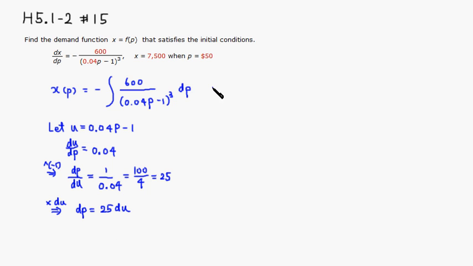Alright, so let's rewrite this integral. You have a negative sign outside, and an integral. 600 is just a number, so I'll put the 600 here. We decided to call the expression inside the parentheses u, so you have u cubed on the bottom. I don't like fractions, so I'm going to write it as u to the negative 3.